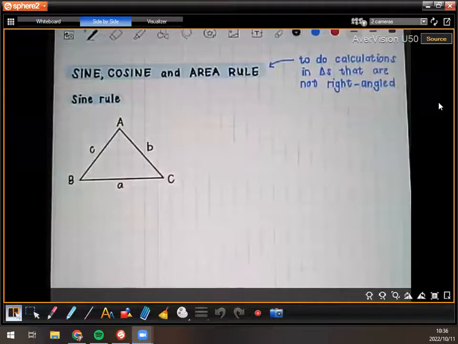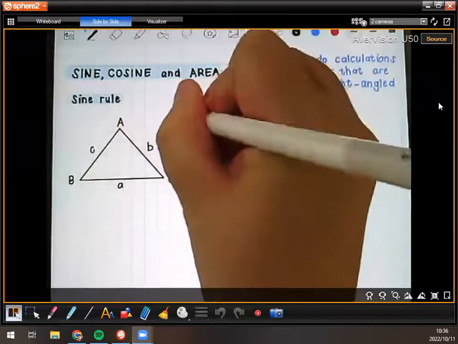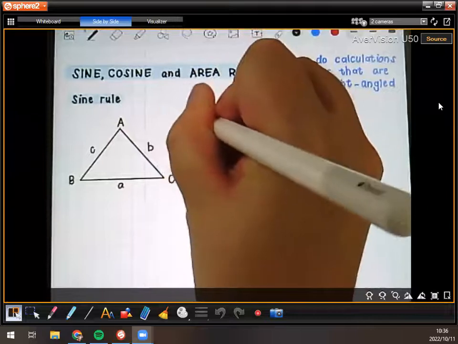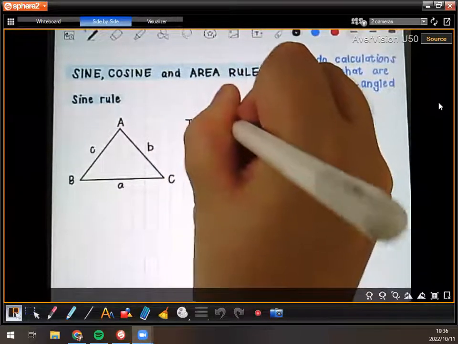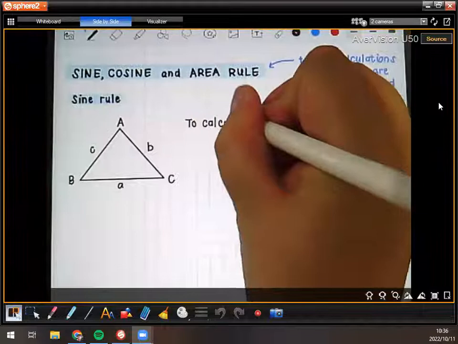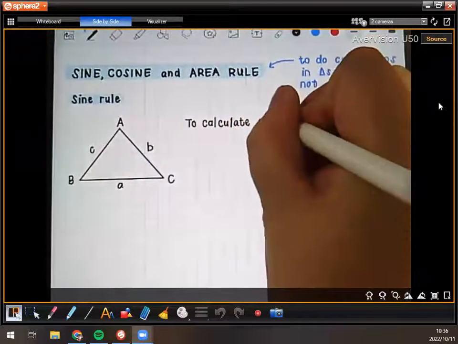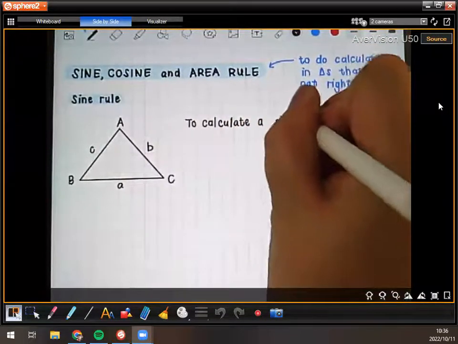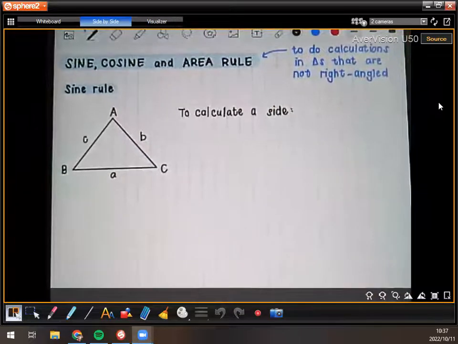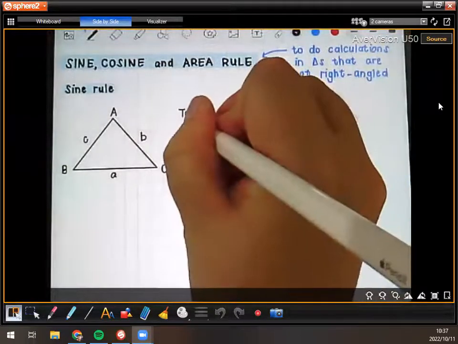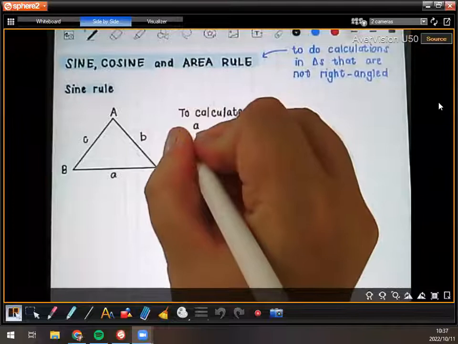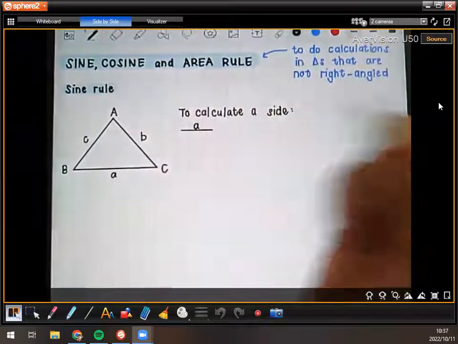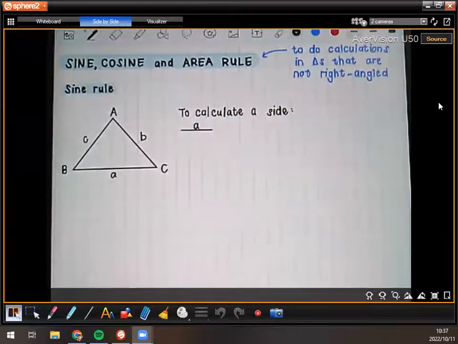Now guys, sine rule we can use to calculate a side or an angle, all right? So I'm just going to write here: to calculate the side. If you need to calculate the side, you're going to put a side at the top of your fraction. So let's say side a. I'll show you now on a few examples how to use it.